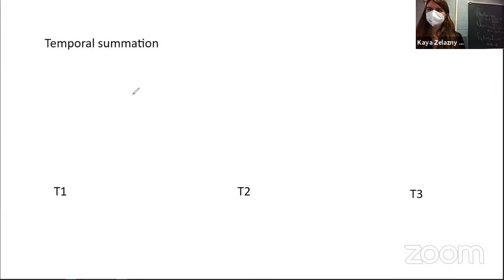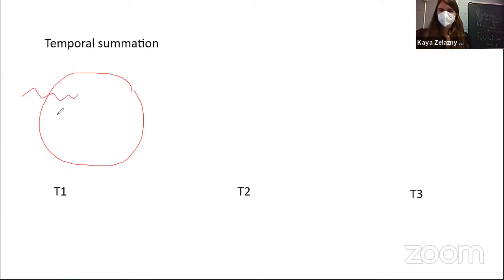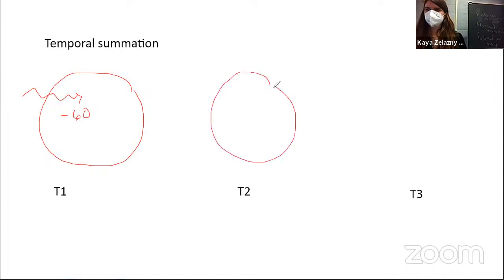So if we're thinking temporal summation, at T1 we'd have one signal come in. And let's say this takes us to, doing math on the fly, negative 60. At T2, we have some decay of that signal. So maybe we start to go back down to negative 65.